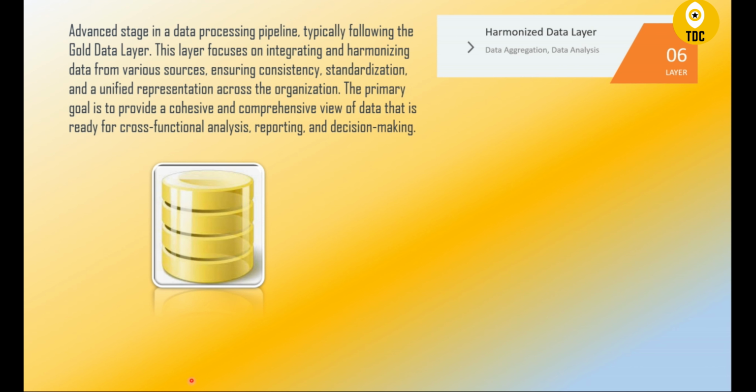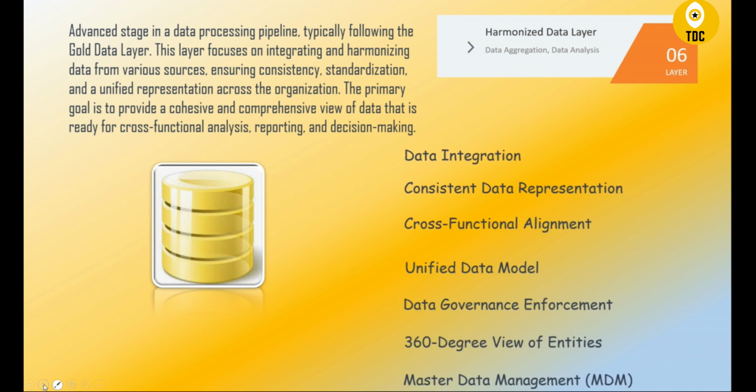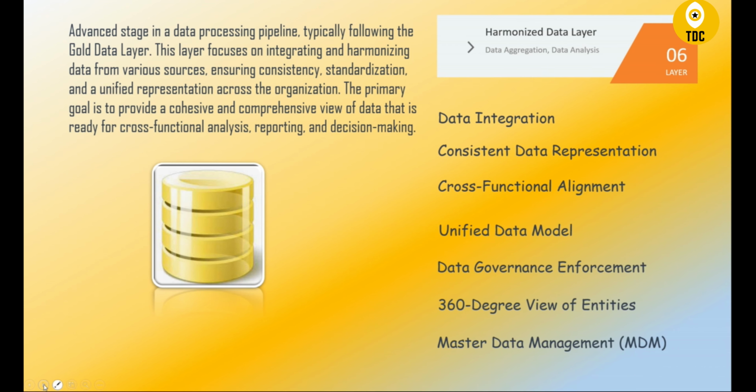If we talk about the key characteristics of this, it is definitely data integration, because as we talk about data mesh or data fabric, the data will be coming from disparate sources. That means each source system has its own behavior in defining its own column names in different standards, right?